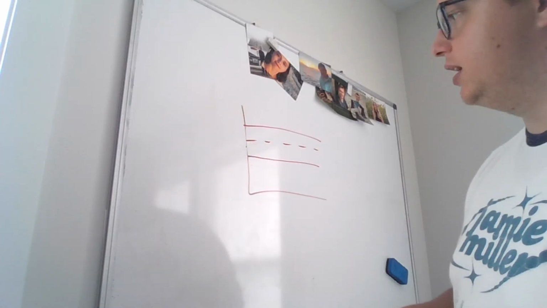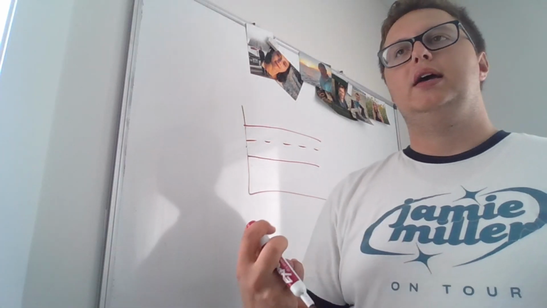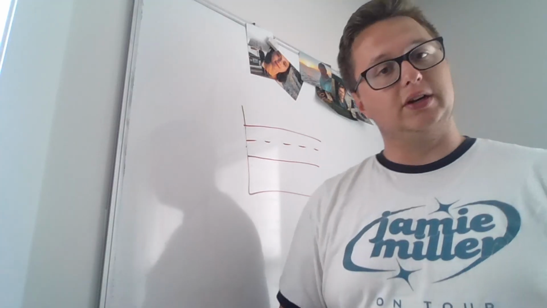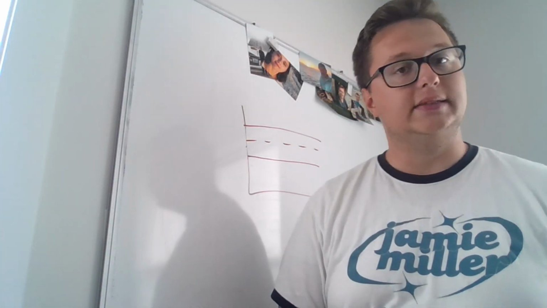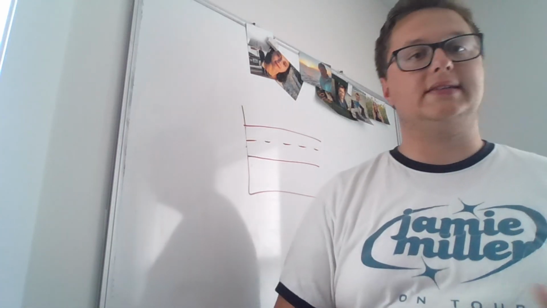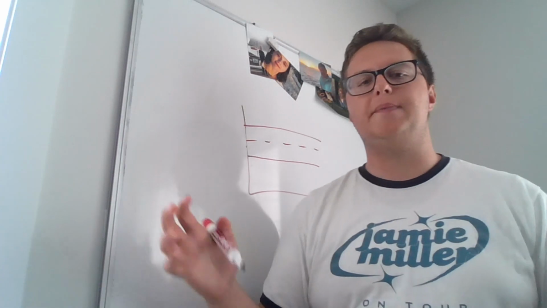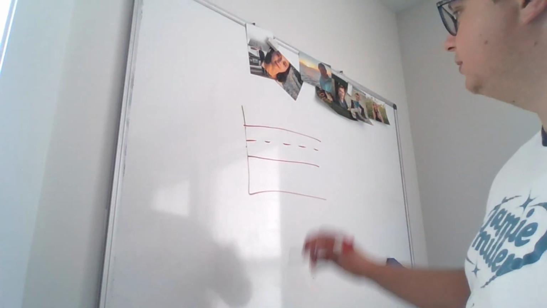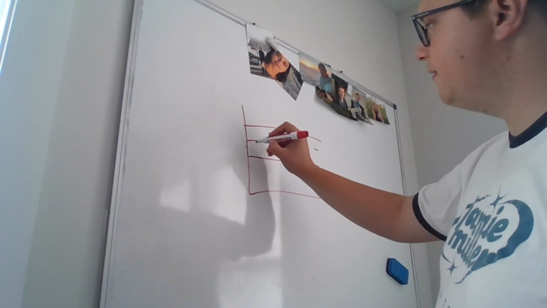So in the example of our temperature, it could be sweat glands, or it could be our blood vessels dilating, or something like that to keep our temperature controlled.